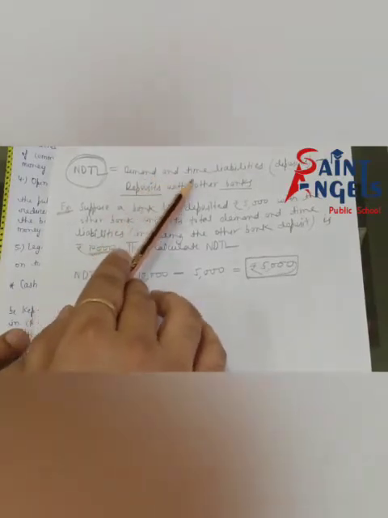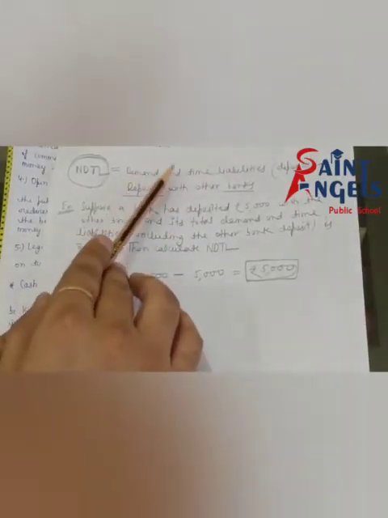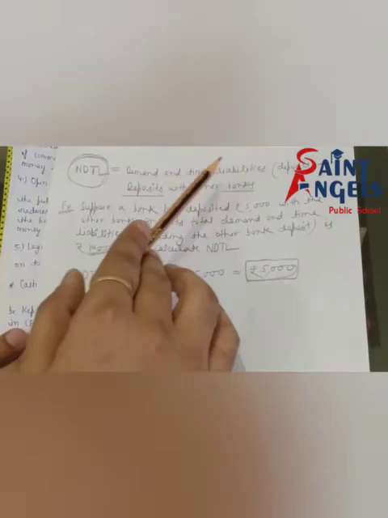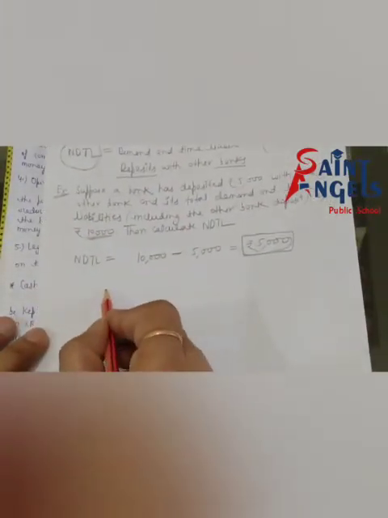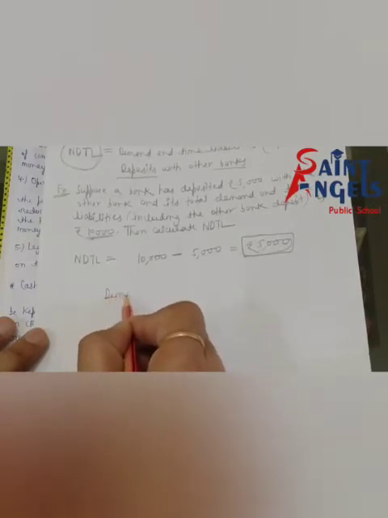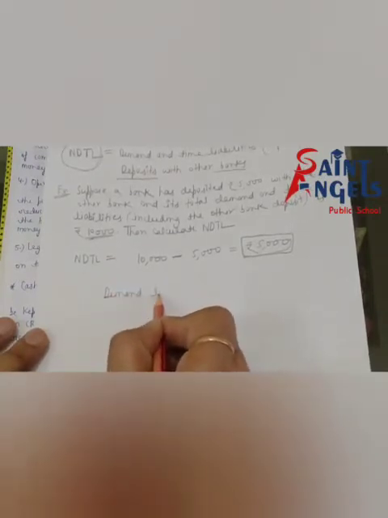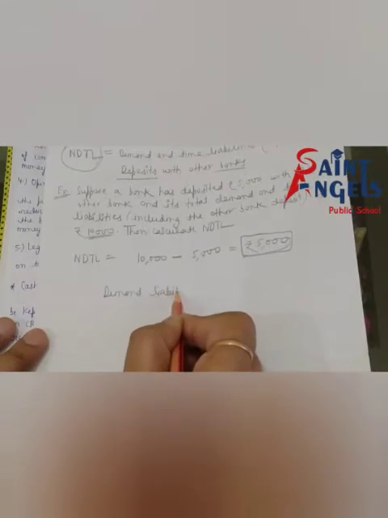Please try to understand the meaning of demand liability, time liability and deposits with other banks. First of all, I'm explaining demand liability.